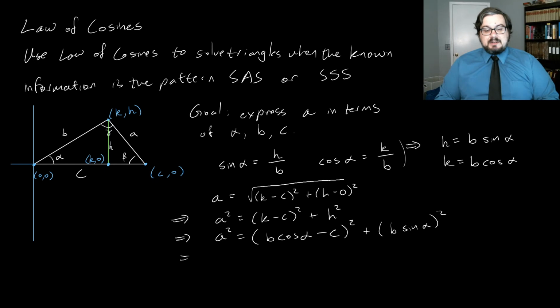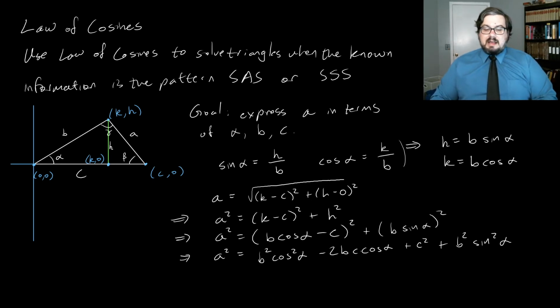So let's expand all this out and see what we get. If we FOIL out the first term here, we'll get b squared cosine squared alpha minus 2bc cosine alpha plus c squared plus b squared sine squared alpha. That's what we get when we expand all that out.